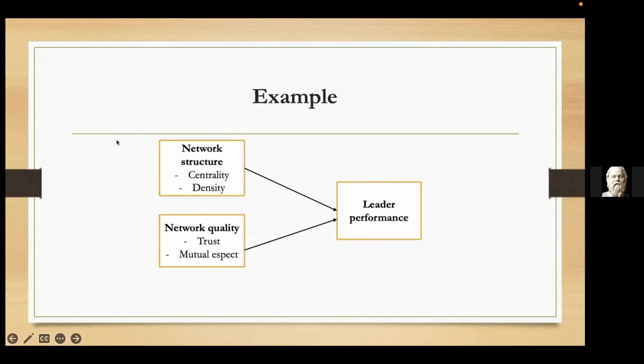Both are talking about networks. While one talks about the network structure, the other one talks about network quality. Two theories which look different, but actually they have a common theme in there. The common theme being the networks.